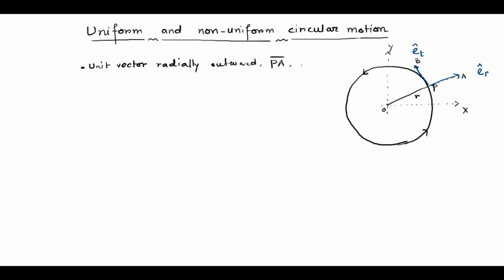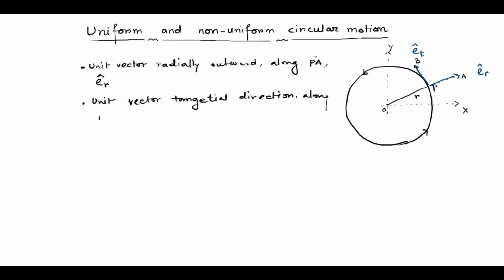This is called E of R. Another is the unit vector in the tangential direction, that is along the PB vector.